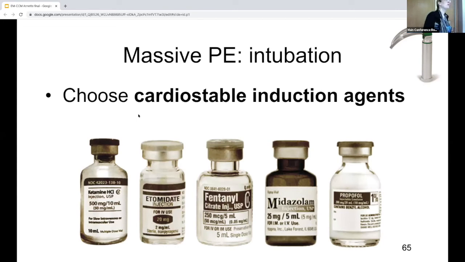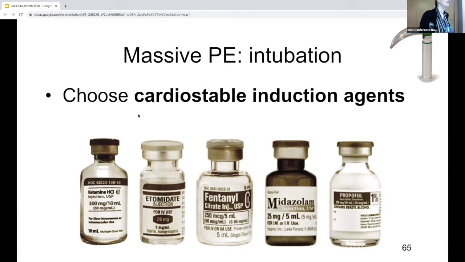So which one of those would you choose to intubate a patient with massive PE? Ketamine, awesome. Why? Because at most it will increase blood pressure versus causing hypotension.